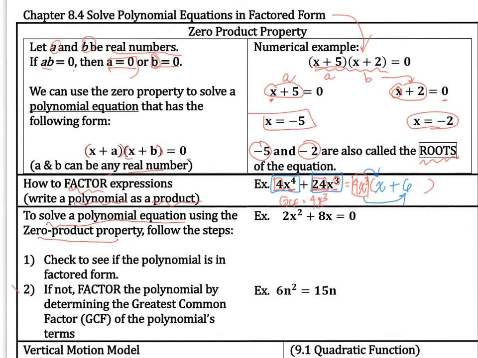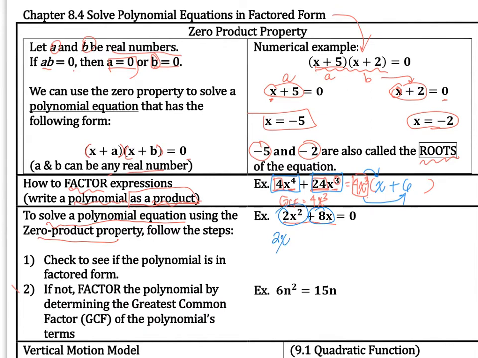Okay, if we look at the example to the right here, it's a polynomial equation that's not in factored form. So we need to rewrite this polynomial as a product, which I just showed you earlier. So we need to find the GCF between these two monomials. Between 2 and 8, 2 is the GCF. Between x squared and x, the GCF is x.